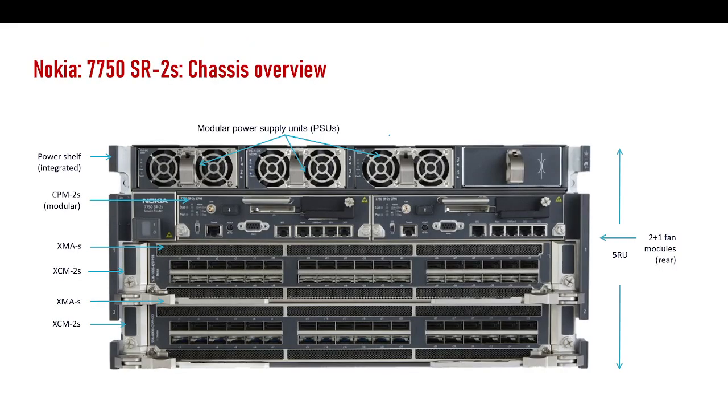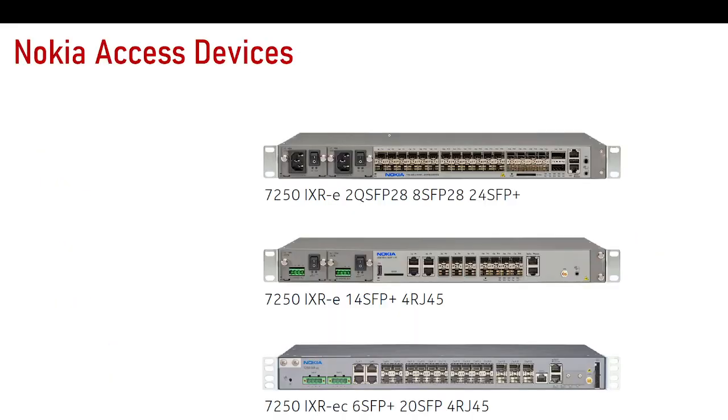For the aggregation nodes, we normally use the 7750. We have the SR2S. This is the chassis overview of the 7750 Nokia SR2S. And you can see that this one now, it's a modular router. These ones, they are just compact units.